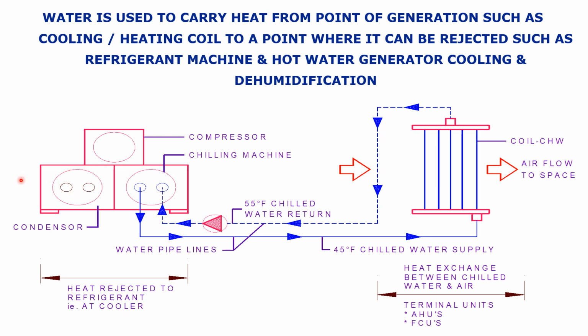The condenser rejects heat through the cooling tower if it is water cooled, and if it is air cooled, then directly to the environment. So this is a typical configuration wherein the heat generated at the source end is absorbed by the water from the fan coil unit or air handling unit, and transferred to the evaporator, and from the evaporator to the condenser and the cooling tower.